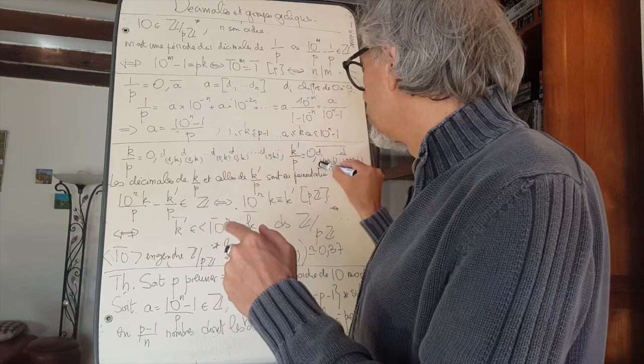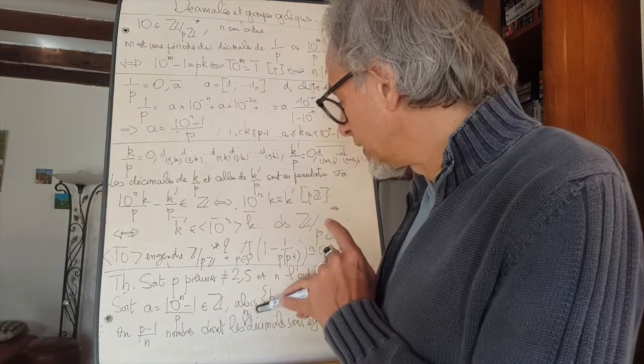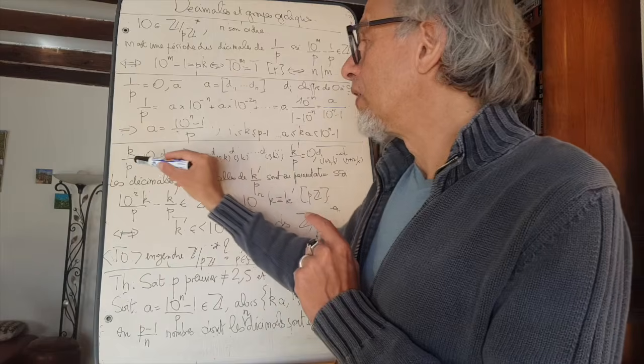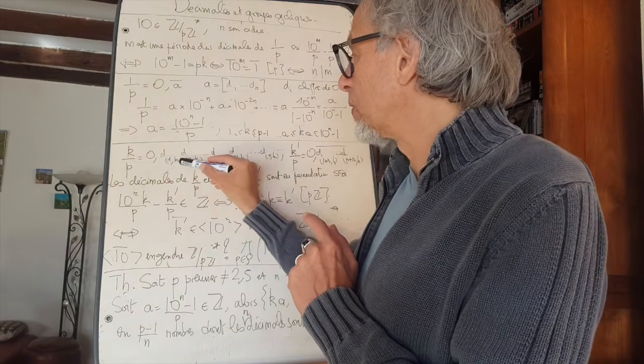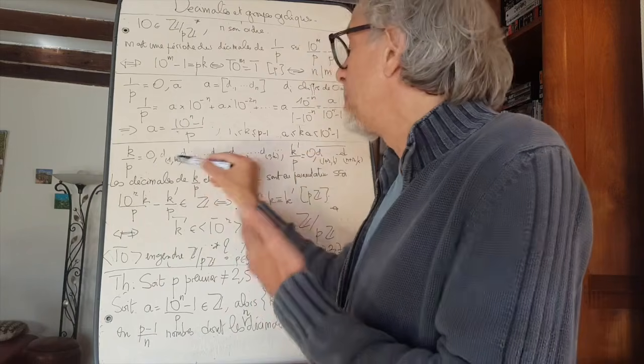So you see that we've transposed the problem, which was a problem with integers, into a problem with rationals and the expansions of pure rational numbers.